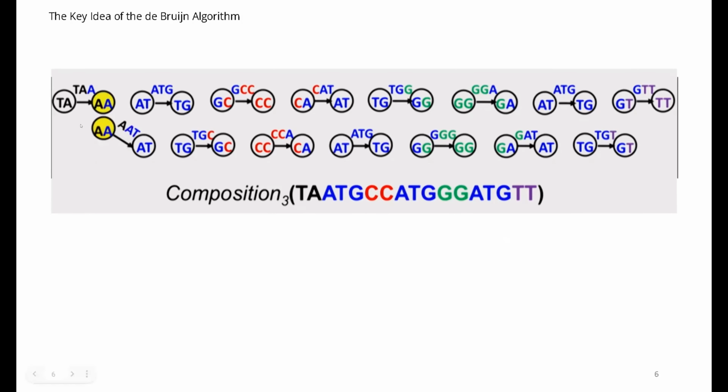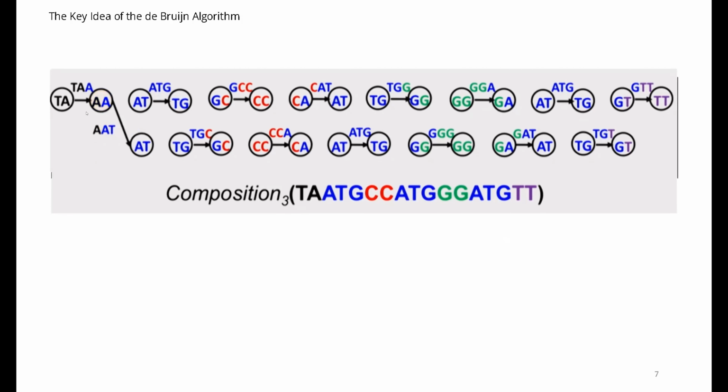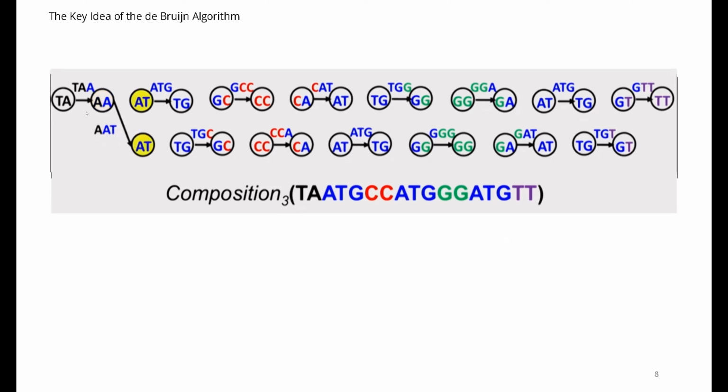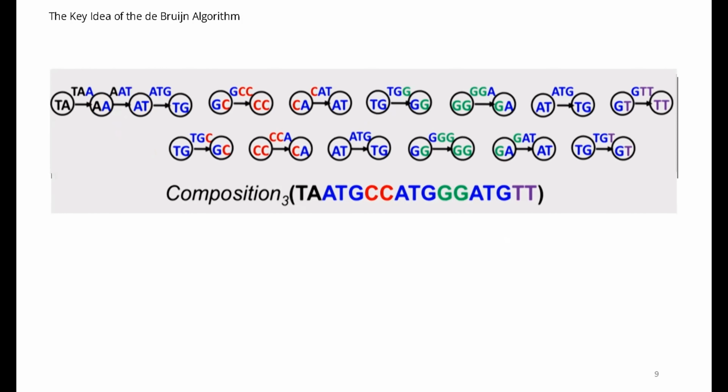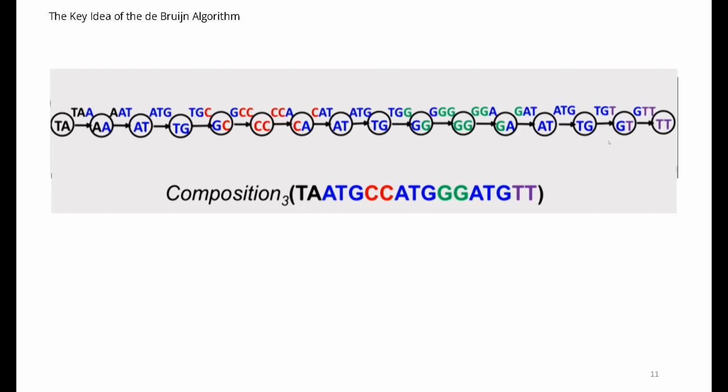For instance, we see these nodes are actually the same. We match them and produce the edge. We go through, find the other ones, traverse the graph, and glue them again.